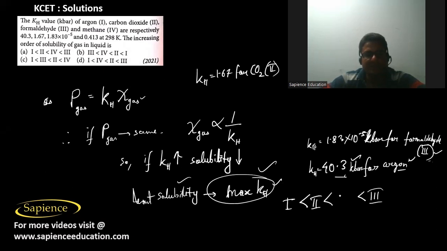So 1, 2, then 4. The fourth one has slightly lesser KH value than CO2, but higher than formaldehyde, so its solubility will also be higher than that of CO2. So 1, 2, 4, 3. So option A is the correct answer.